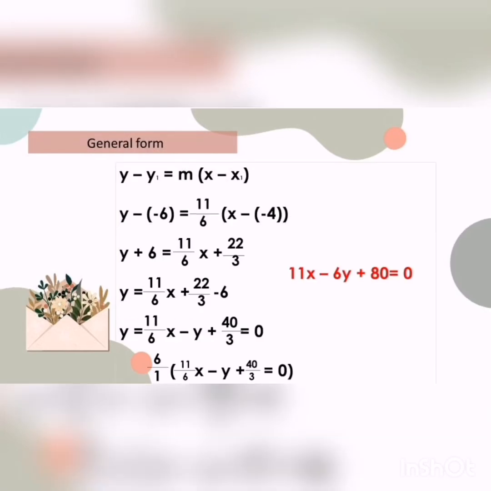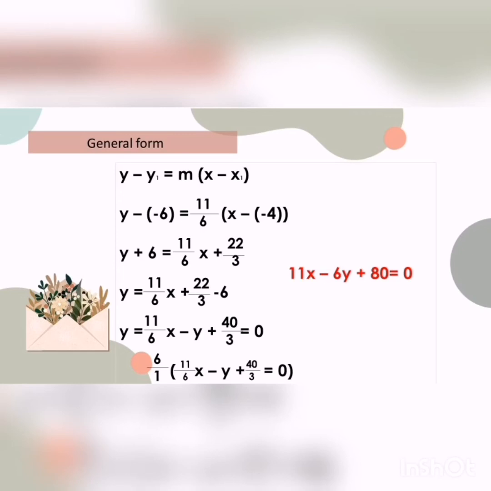And finally, we will use the general form. The formula for this is y minus y1 equals m times (x minus x1). We first do the procedure that we already know, and then we multiply the slope by the values inside the parentheses. The data from the y side will be passed to the other side.